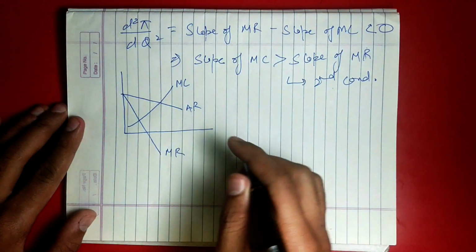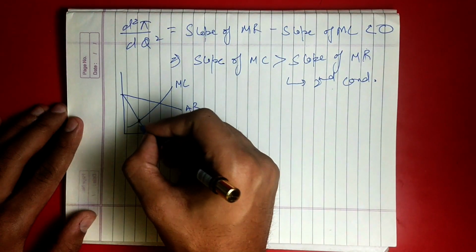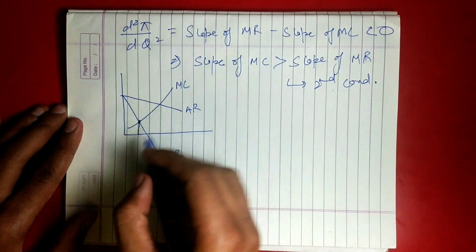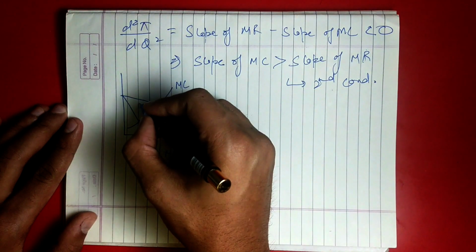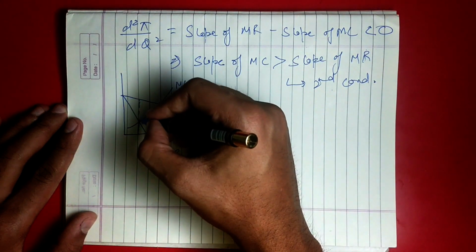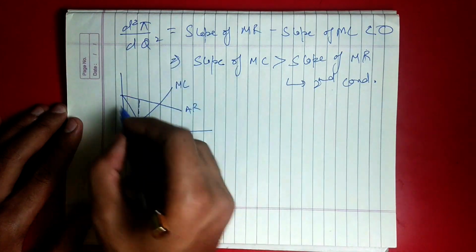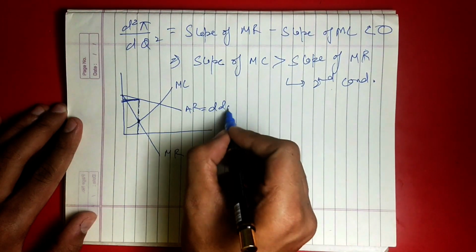So the first condition is here, MC is equal to MR. Monopolists sell the output here. Corresponding to this, what is the demand? The demand curve is this DD curve.